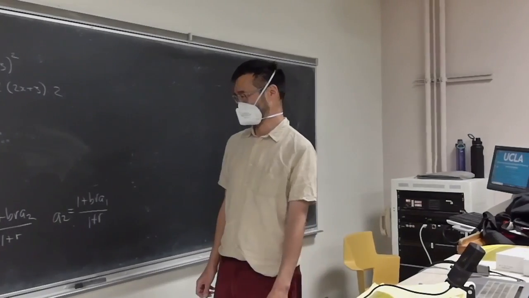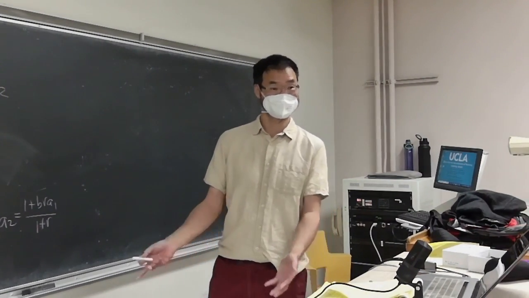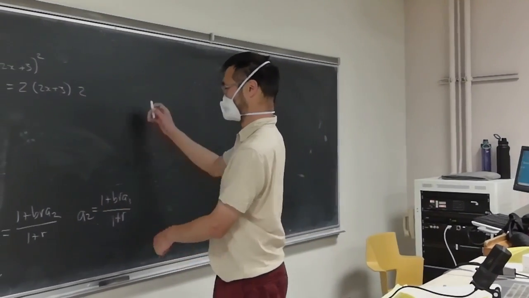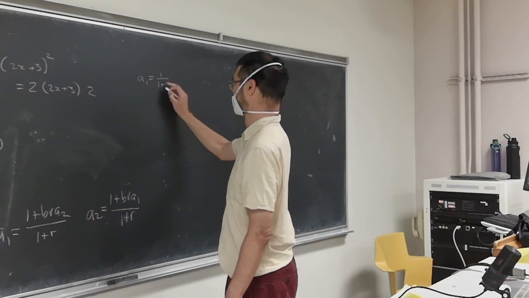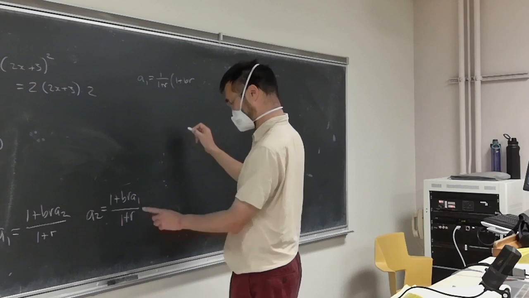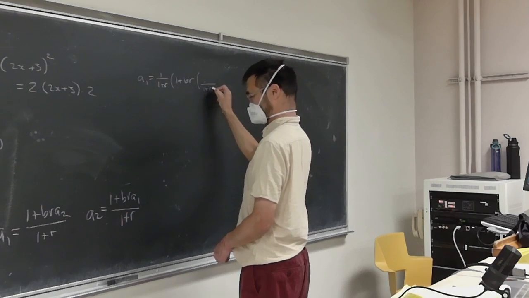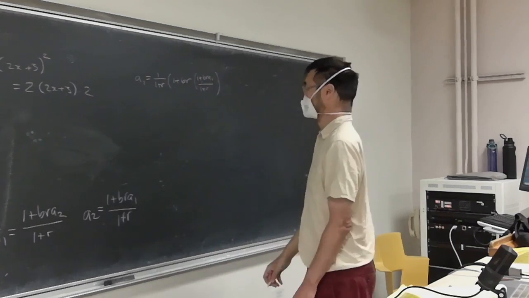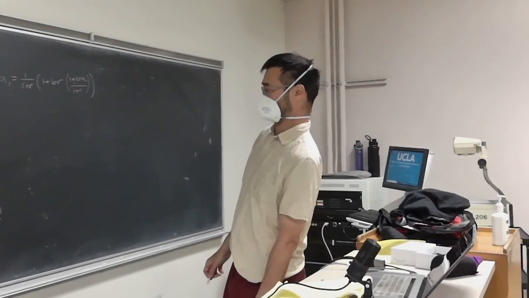All right, so now what do I do? Exactly, we just solve these. Now the math goes like so. I put these together. I get A1 equals 1 over 1 plus r times 1 plus BRA2, right, which is this. Plus BR.